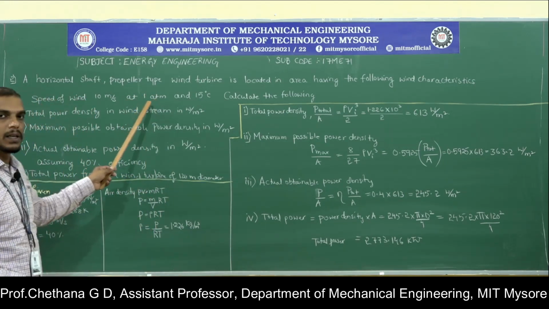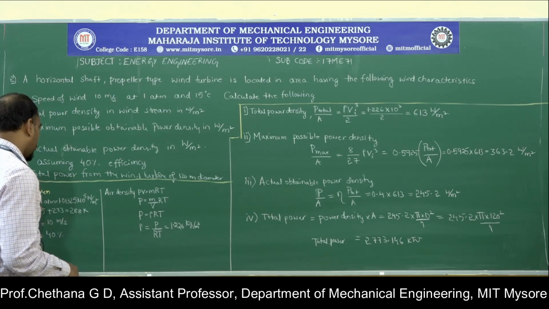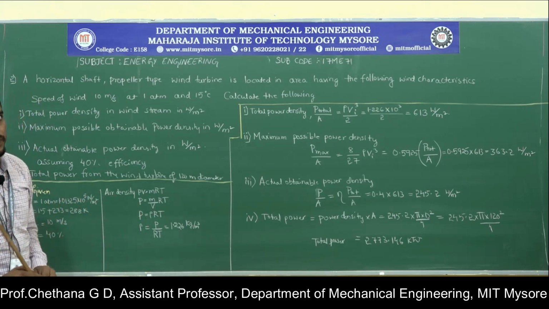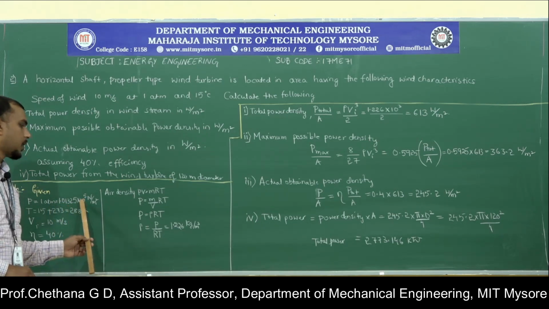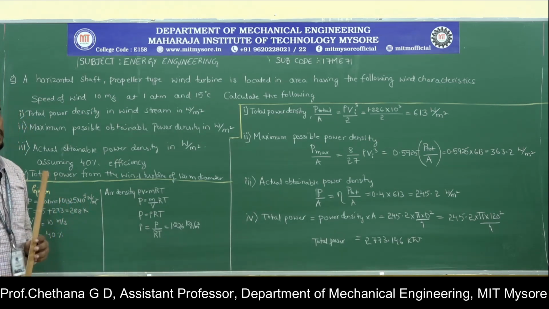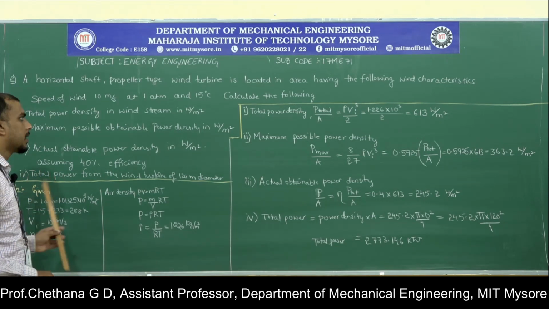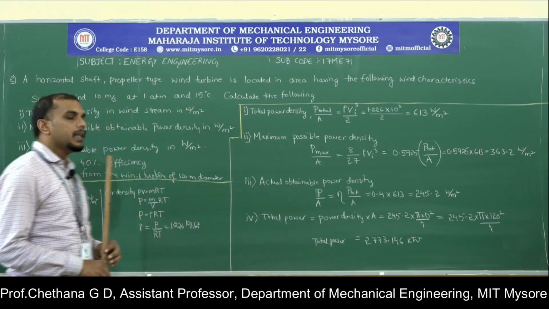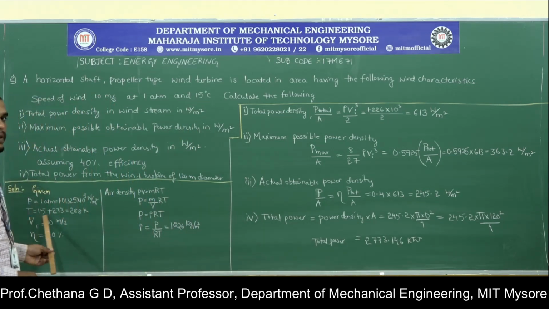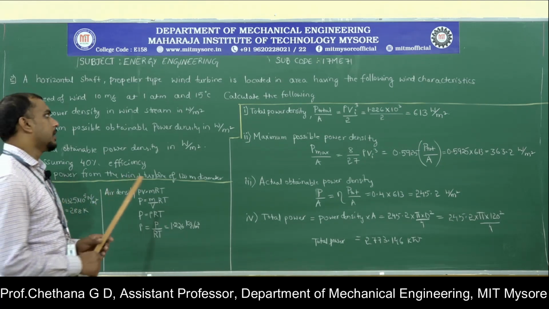So pressure will generally be 1 atmospheric pressure only, which we know the value as 1.01325 into 10 power 5 Newton per meter square, and temperature is 15 degree Celsius. But in order to substitute it in any of our equation, we need it in Kelvin. So add 273 to convert it into Kelvin.